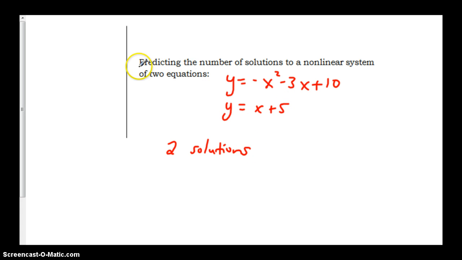So that's how you can use prediction. If you have trouble predicting the number of solutions based on your knowledge of the equations, then you can always graph it. But it is helpful to know both methods. Use your knowledge of your standard form, in this case of the parabola, plus your knowledge of the line.